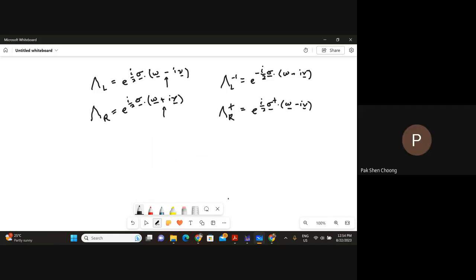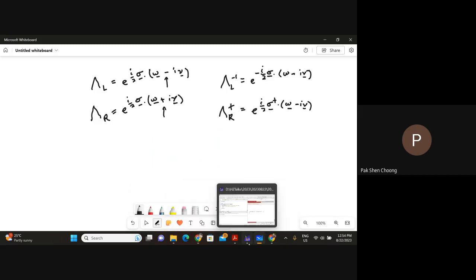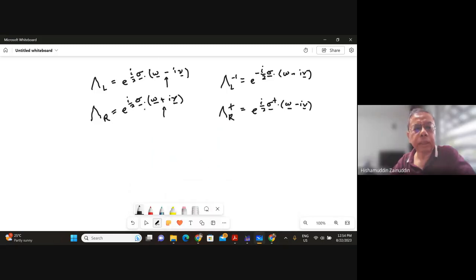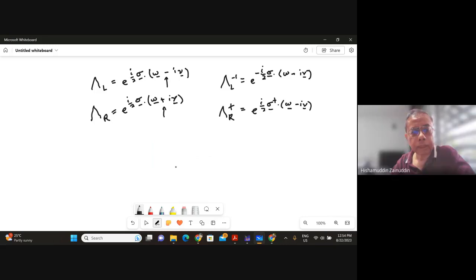So if I understand it correctly, the omega and mu are just vectors of numbers, right? Yeah, they are parameters, correct. But complex parameters because of this problem.